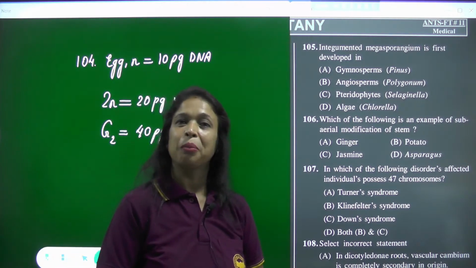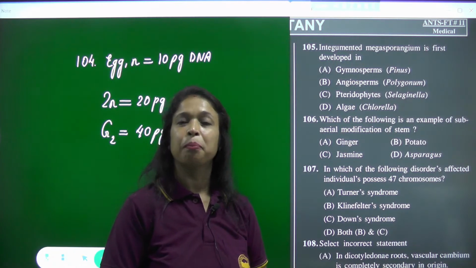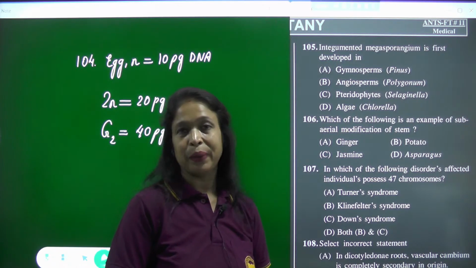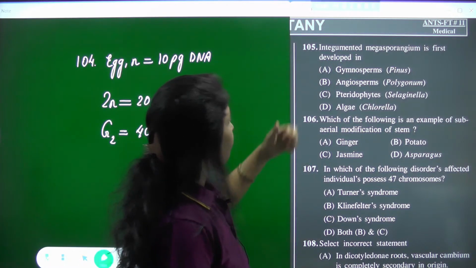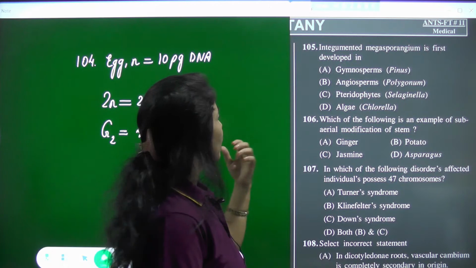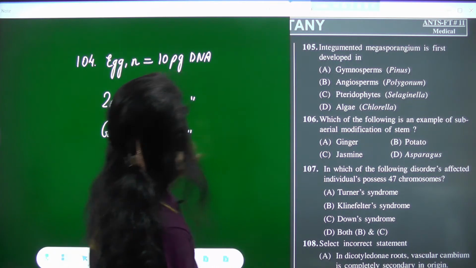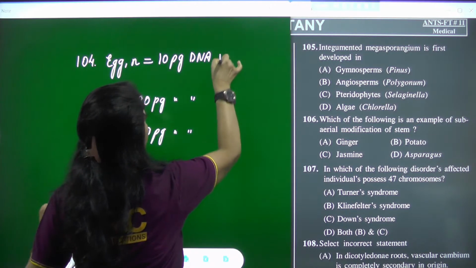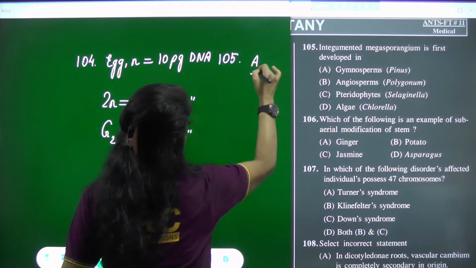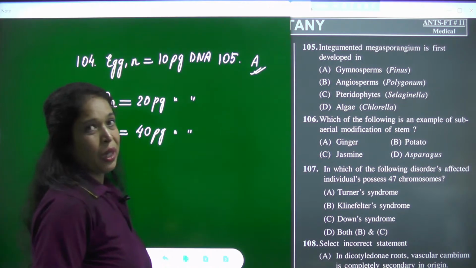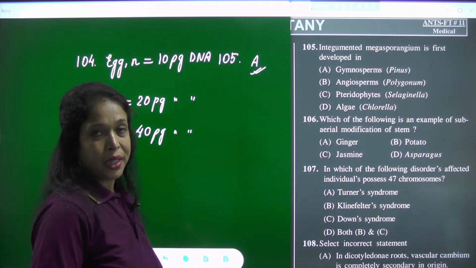But in gymnosperm the simplest, primitive ovule is formed, which we call orthotropous. Pteridophytes do not have the ovule, and algae no. So for question number 105, the answer will be A, gymnosperm. Got it?